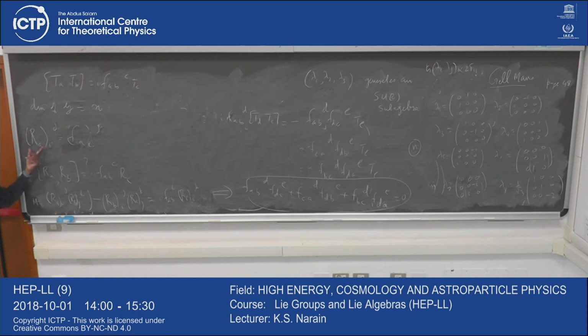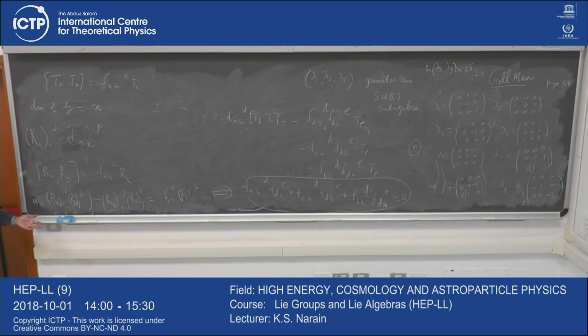And we are able to construct an n by n dimensional representation, because this is exactly the condition that a representation has to satisfy, that the Lie algebra has to be preserved. So the structure constants are directly giving you an n by n dimensional representation, which is in fact the adjoint representation.